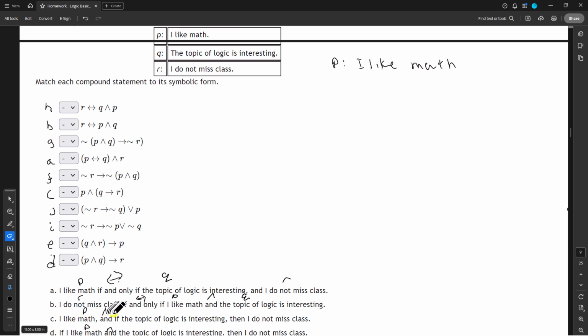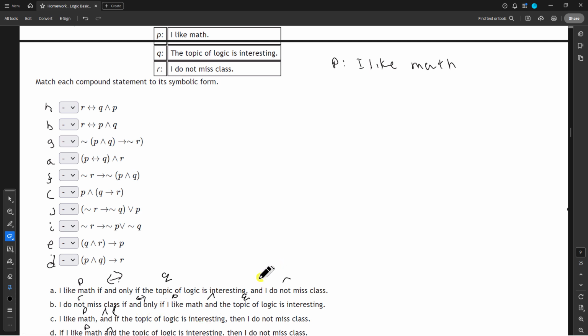And C here is I like math. So that's a P and, if. So you see there it says and if. So that tells you two parts are going to be coming in here, because the if is a two part. It has an if, so it's a parentheses here. If then.